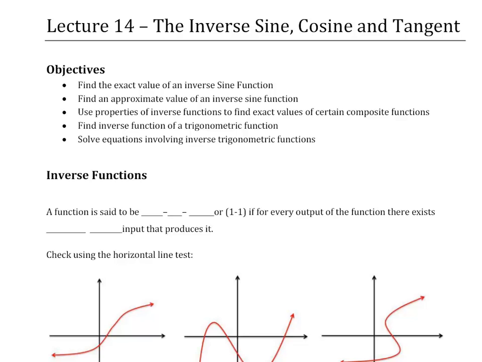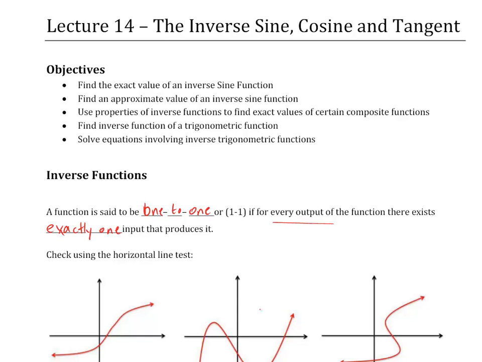A function is said to be one-to-one if for every output of the function there exists exactly one input that produces it. Meaning that, for example, if you know the function's output was a specific number, you know there was one and only one input that would give you that output.